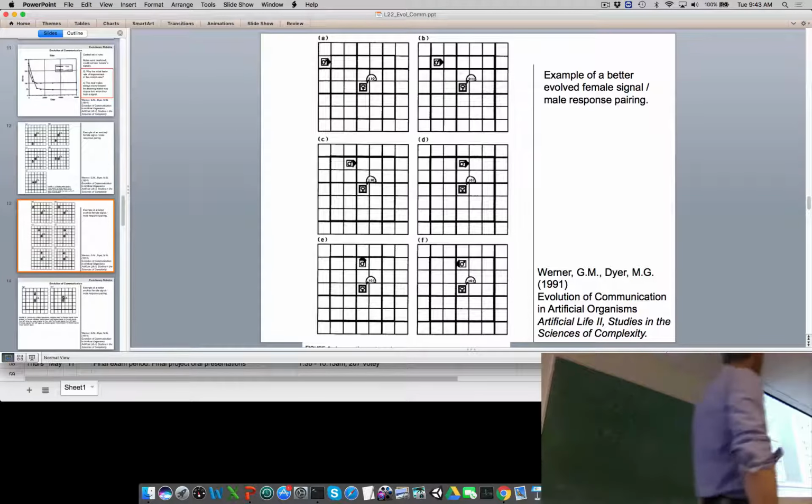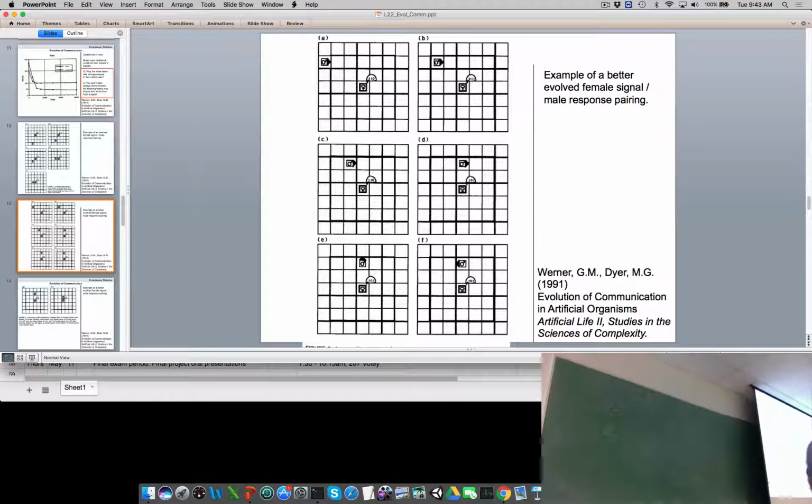Right? Here's another example of this. So now the male is coming in from the northwest. The female emits the signal 0, 1, 1. The male continues to move, reaches here. She emits the signal, which means turn left. The male turns left, which looks like a problem.